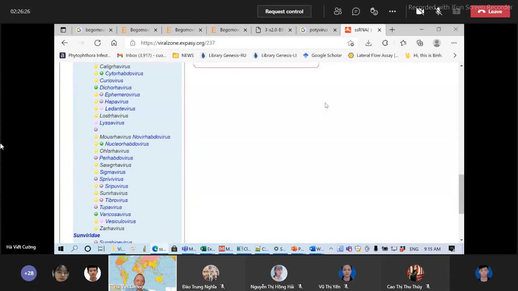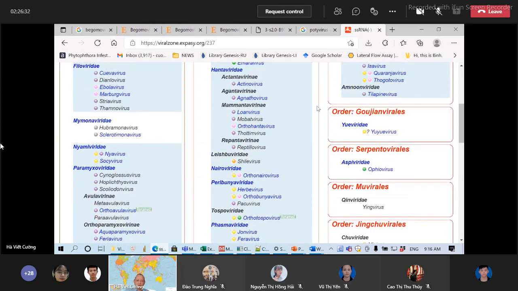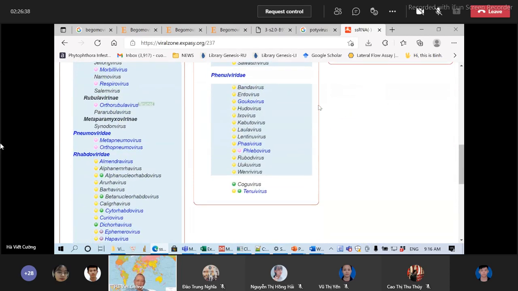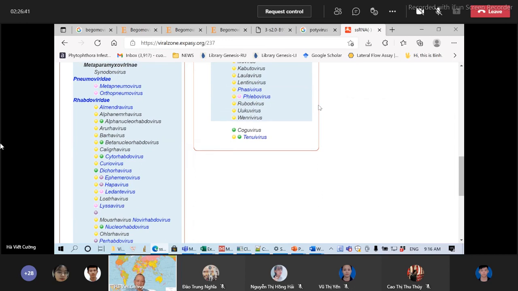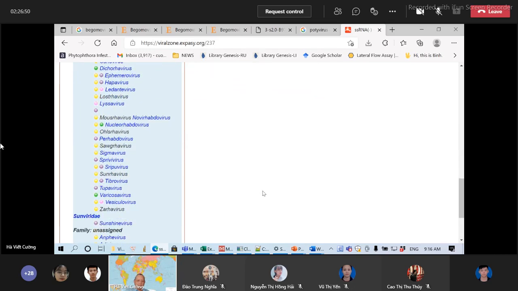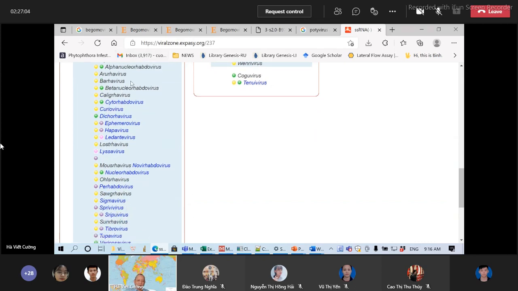So you can see here, most of the viruses of the negative sense infect animals, but a few groups attack plants. Please focus on Rhabdoviridae. You can see, and try to find here: one virus infects the human and one virus infects plants.